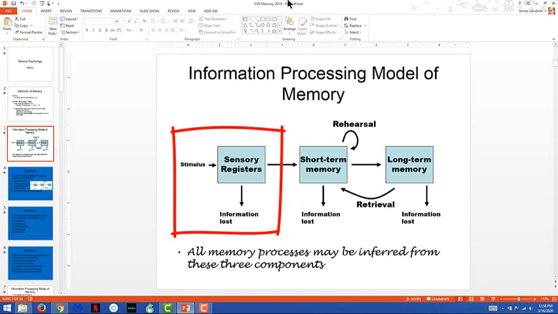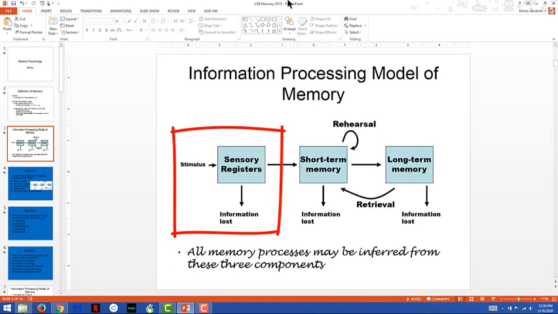Another kind of sensory register process would be if you, in a very simple way, slapped the table that you're sitting at. If you slap the table, one of the perceptual experiences you're going to have is a little bit of feeling, probably not pain, but a feeling of having slapped the table, for a few seconds after the point at which your hand is no longer touching the table.